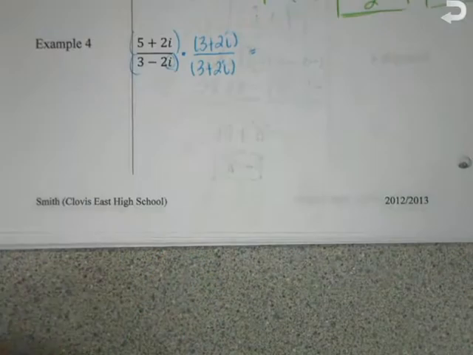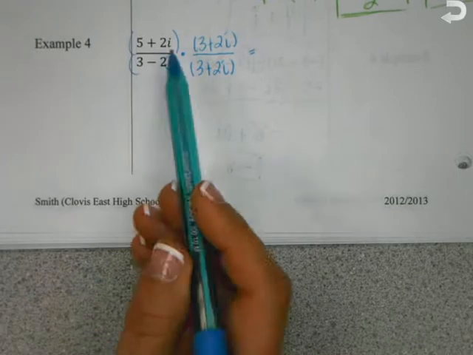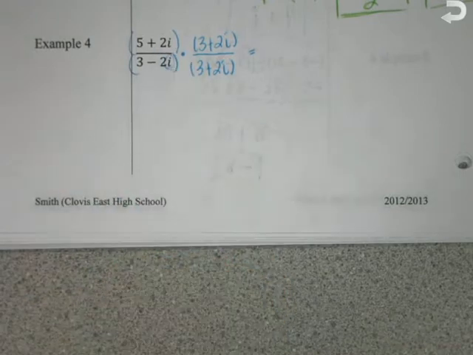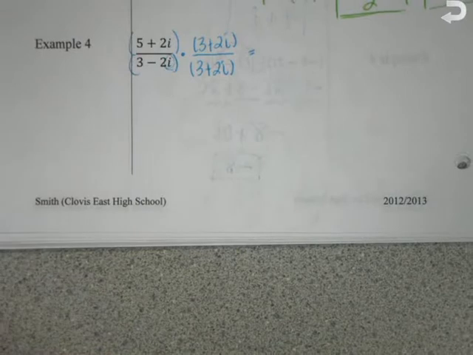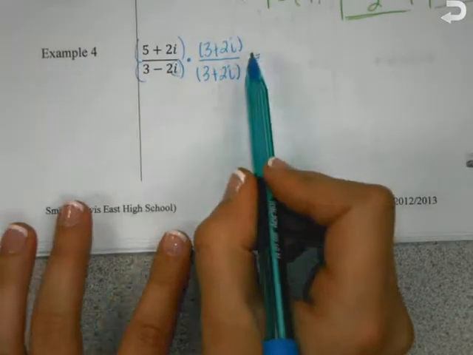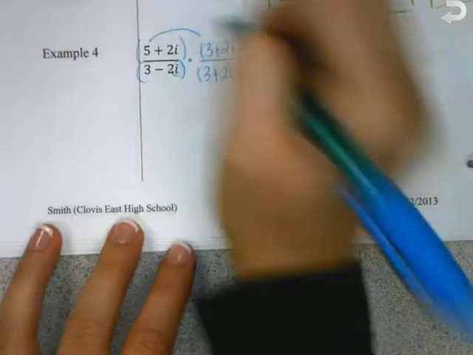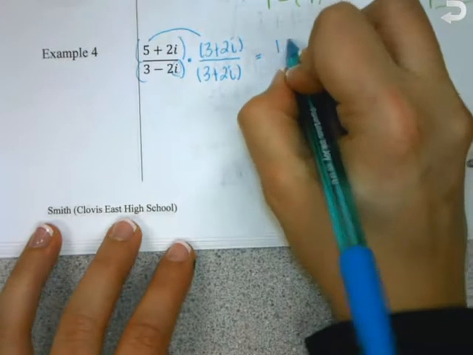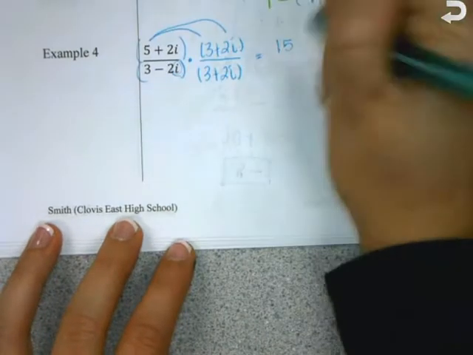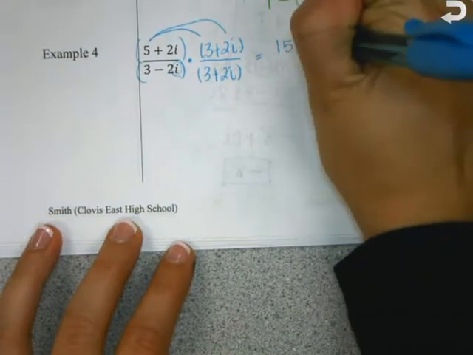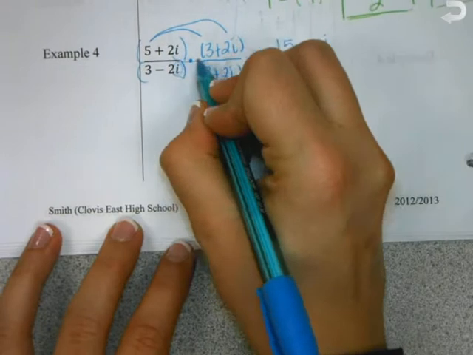Okay guys, so on top I'm going to do the FOIL method. 5 times 3 gives me what? 15. 5 times 2i is plus 10i. 2i times 3 gives me plus 6i. And 2i times 2i? Plus 4i squared. Excellent. Okay, so we're not simplifying anything yet, we're just writing it all out.